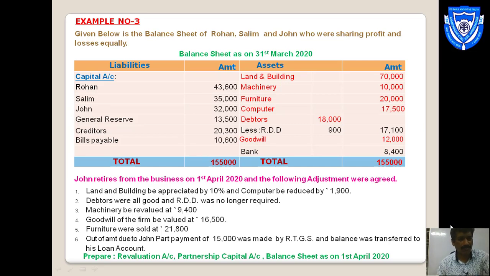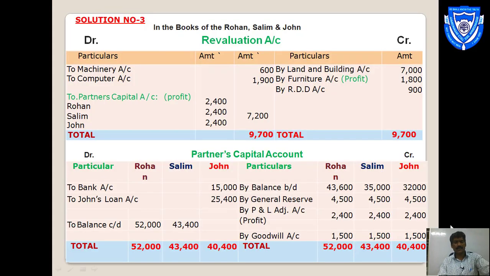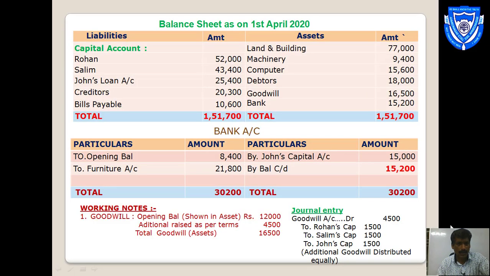Capital accounts of Rohan. Now these are opening capital balances. So I'll take the capital balances from the partners' capital account, closing balances. To balance carried down, you can see here in the partners' capital account, Rohan's balance and Salim's balance, and take it on the liability side, capital account.